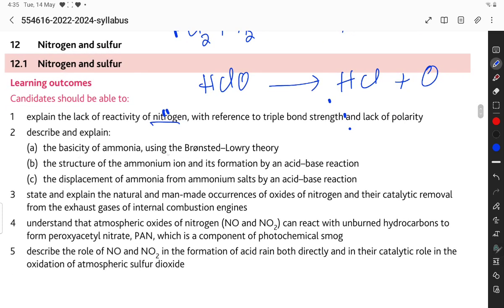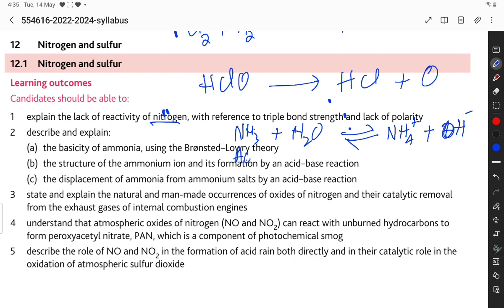The basicity of ammonia using the Bronsted-Lowry theory, for example NH3 plus water. According to the Bronsted-Lowry theory, ammonia is a base and water is an acid. So this gives the conjugate acid plus OH- ion, the conjugate base. This is also very important.